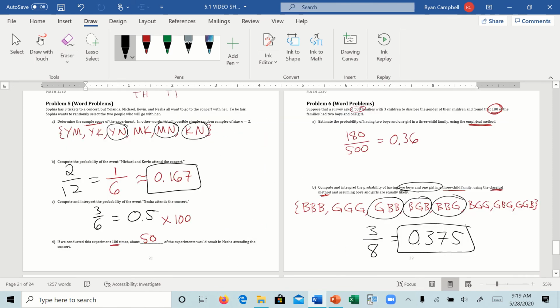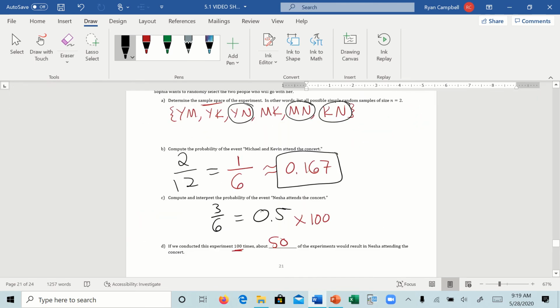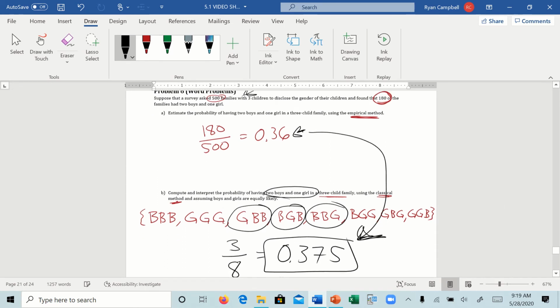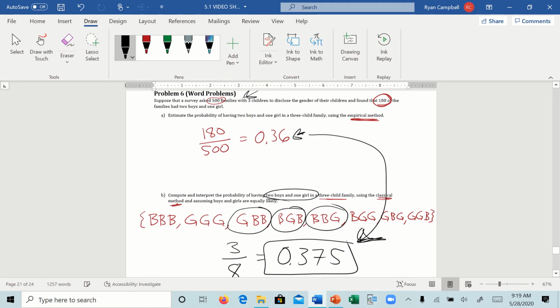And remember, if we use the law of large numbers, the more times we did this, the more families we looked at, the closer this proportion would be to the actual probability of 37.5%. So this is kind of what we were talking about at the very beginning. Using the empirical method is getting an approximation. Using the classical method, we're getting the actual answer.